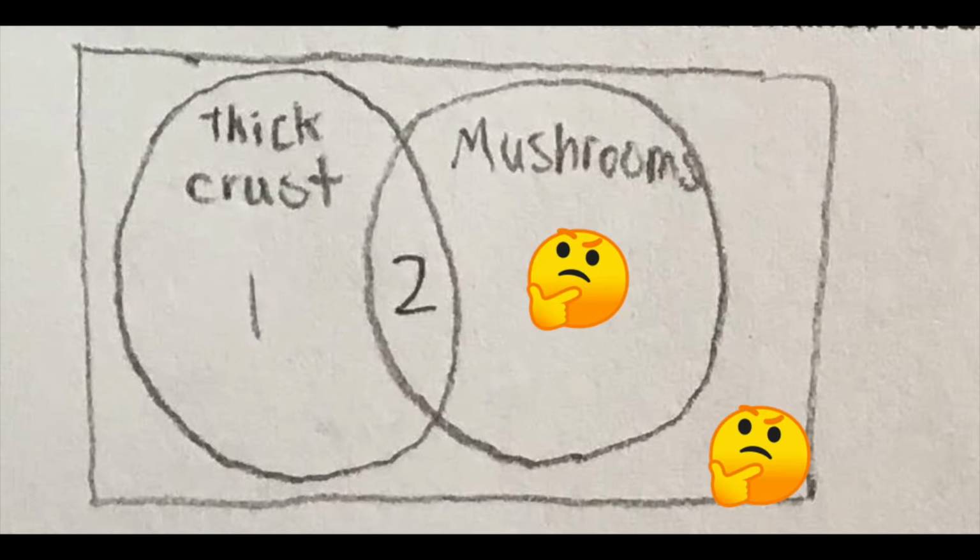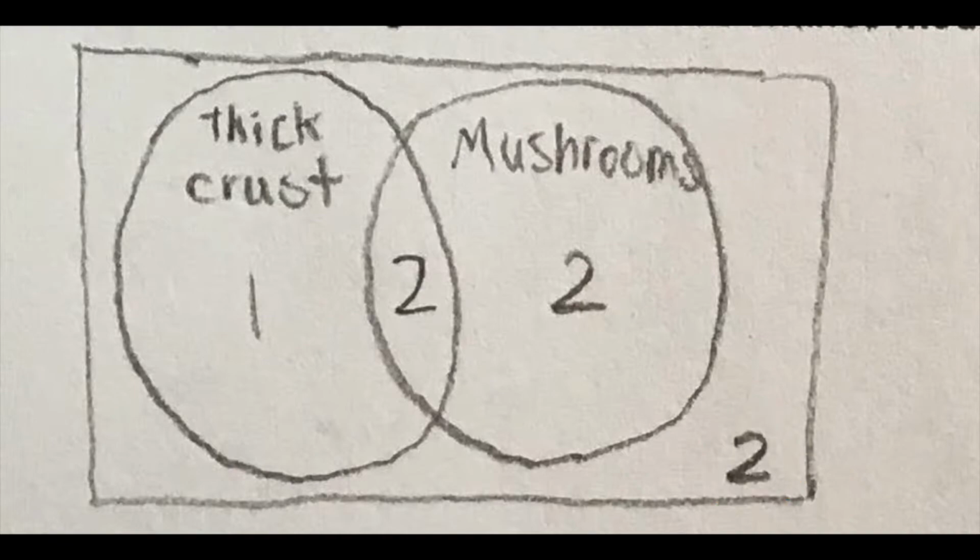Knowing that there are 3 thick crust pizzas in total also reveals that there should be a 1 in the circle with only pizzas with thick crust. 2 of the remaining 4 pizzas have only mushrooms, and with this we can eventually figure out that the remaining 2 pizzas have neither thick crust or mushrooms.